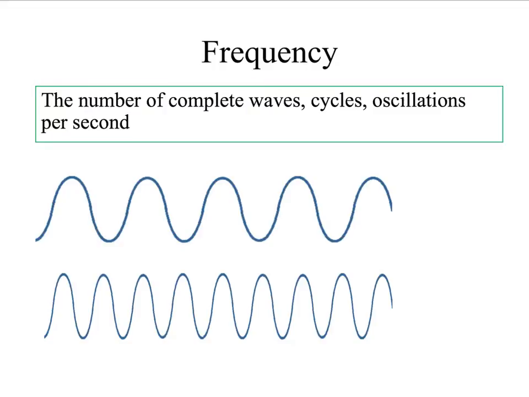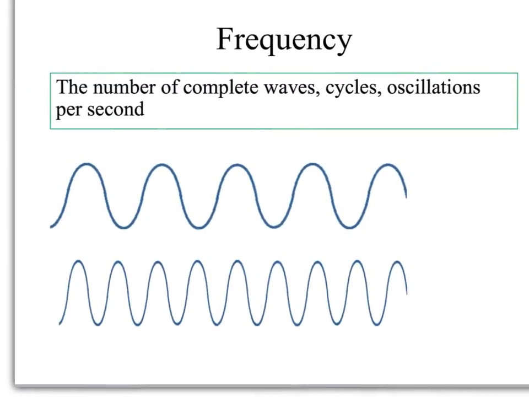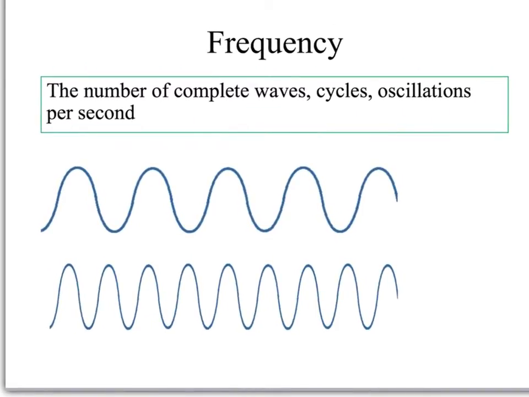The frequency of a wave tells us the number of complete waves, wave cycles or oscillations per second. It's measured in hertz, or Hz for short. You only need to remember one of these terms for exam purposes, so the number of complete waves or the number of complete oscillations per second, whichever you find it easiest to remember.